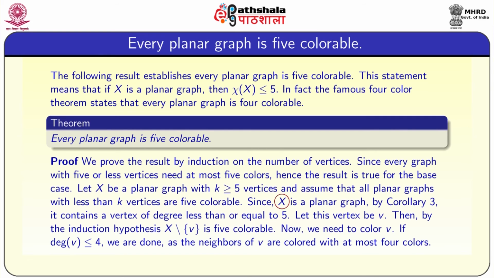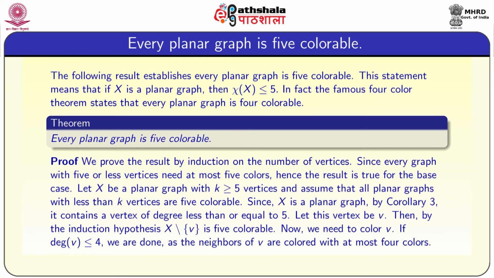Since X is planar, by the previous corollary it contains a vertex of degree less than or equal to 5. We proved that every planar graph contains such a vertex. Let this vertex be V. Then by the induction hypothesis, X minus V, obtained by deleting the vertex V from X, is 5 colorable.